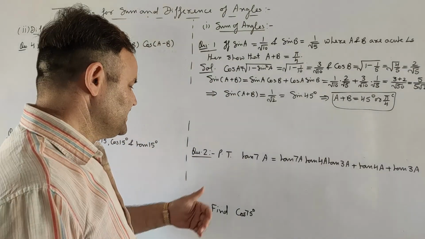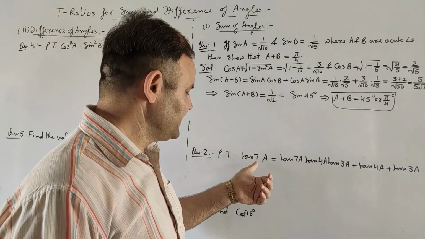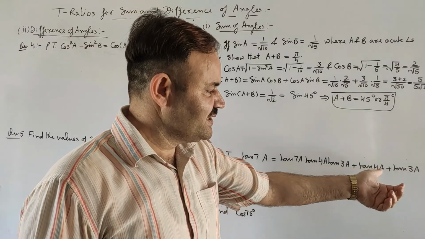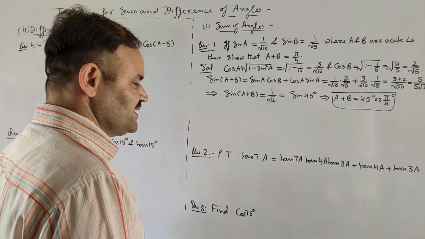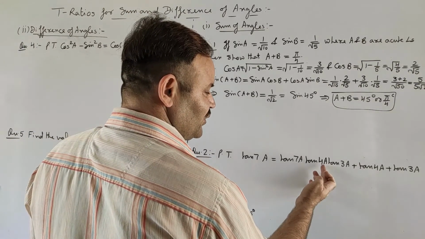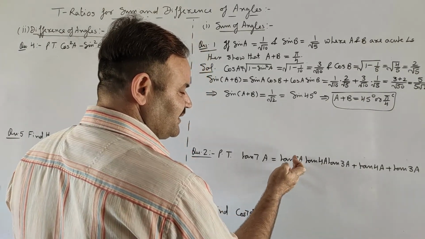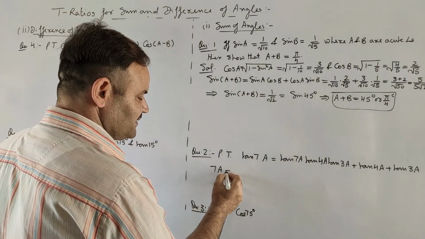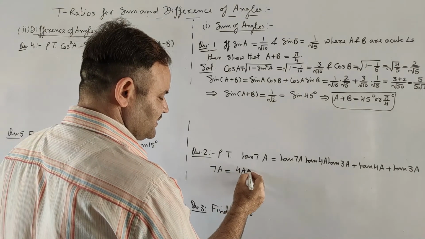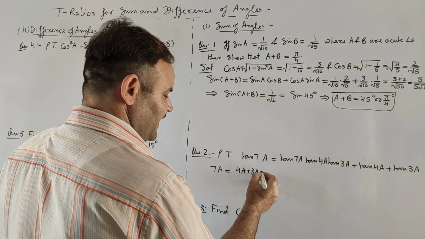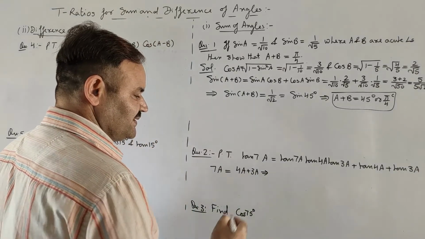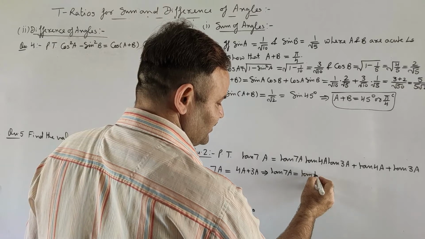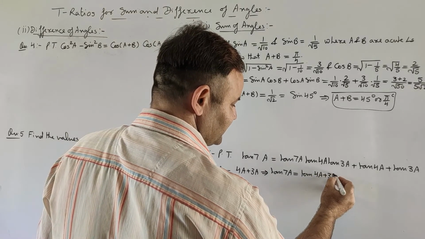Now the second question, we have to prove that tan 7A is equal to tan 7A tan 4A tan 3A plus tan 4A plus tan 3A. In this type of questions, always the sum of two angles will be equal to the third angle. So 7A can be written as 4A plus 3A, and this implies tan 7A is equal to tan of 4A plus 3A.